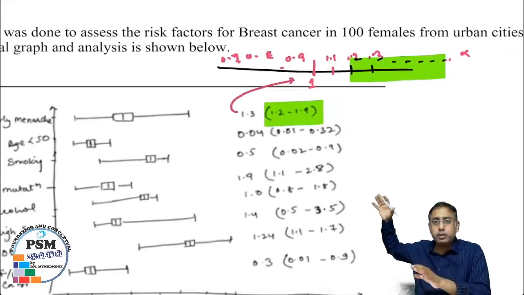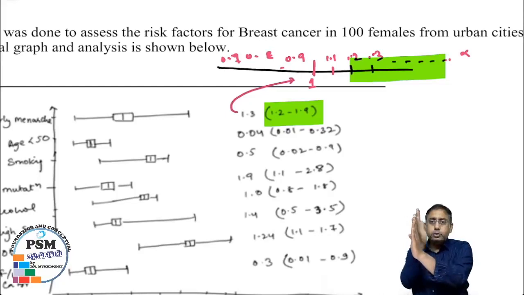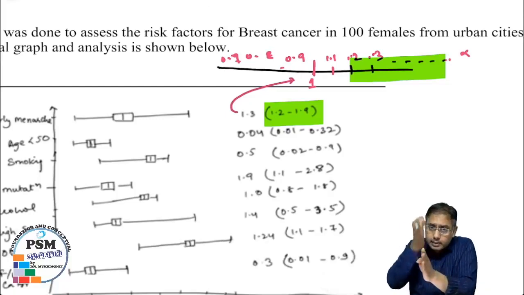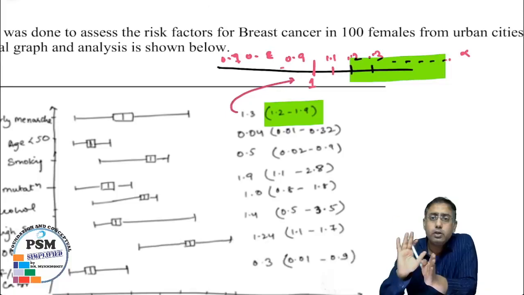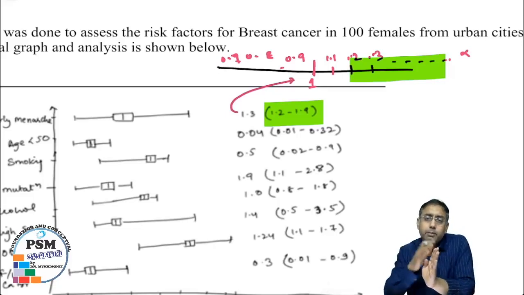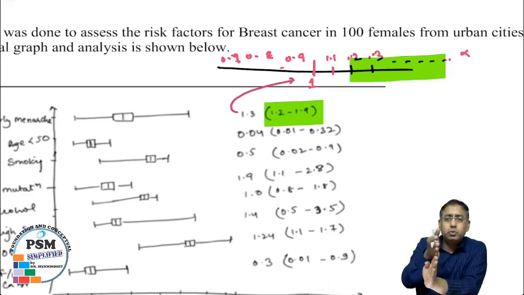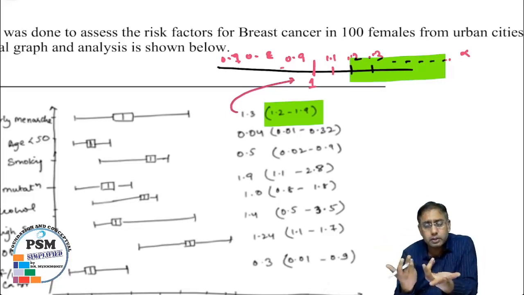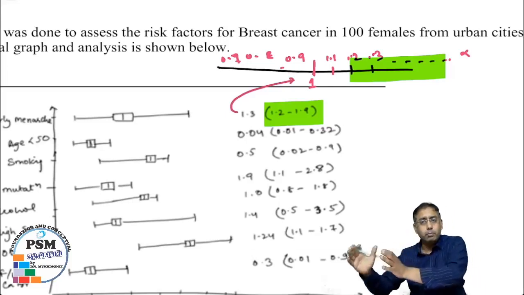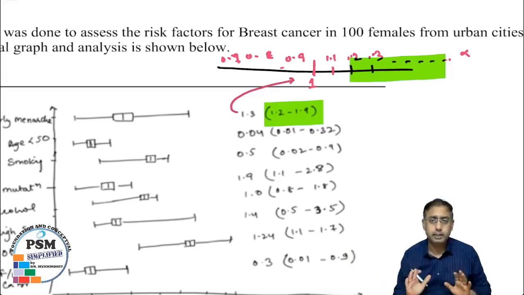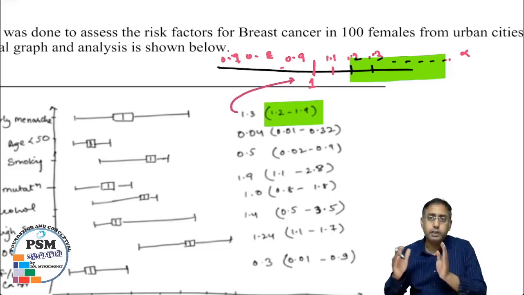Try to imagine it on a scale where the value 1 should be there. In case it is there, that means this odds ratio is a non-significant odds ratio. Sometimes it was positive, sometimes it was no association, sometimes it was negative association. It should always be either on the positive side or on the negative side, the range, the confidence interval.